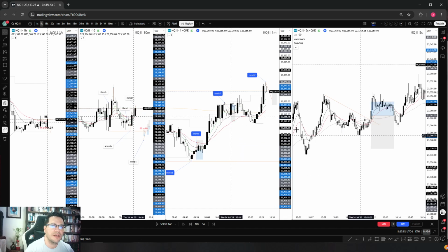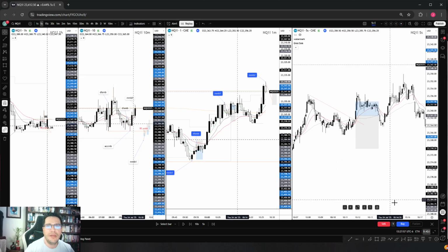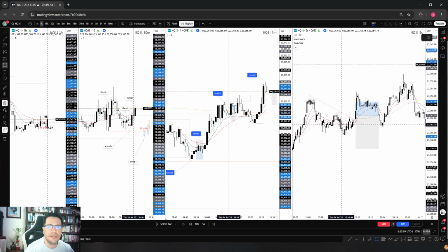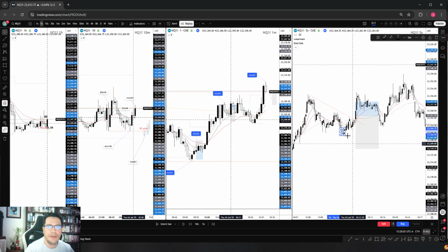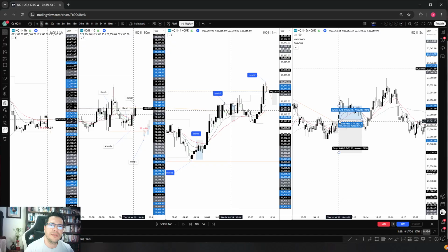Actually, this is the 10 EMA on the validation, and from there we had MMB1, and MMB2, and our entry was the buy stop of MMB2.